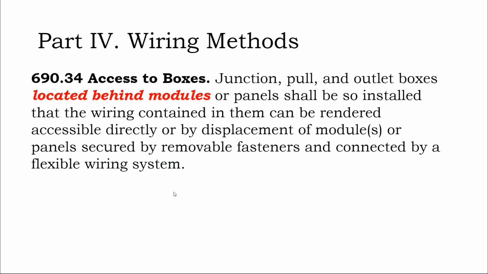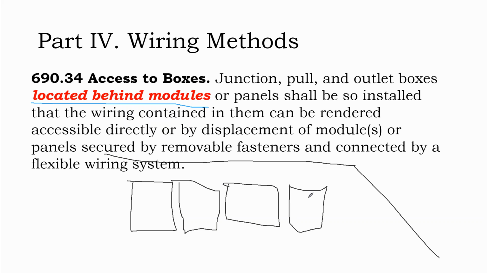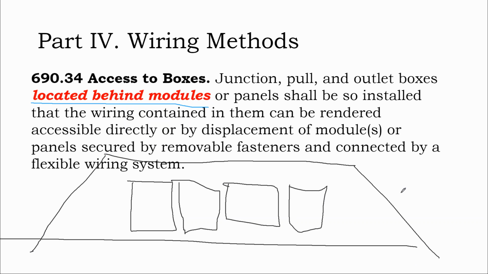Access to boxes. So junction and pull boxes can be located behind the solar panels. What that means is, here you're up on the rooftop, and here's your solar array, and here's your solar array, and you have a nice symmetric, professional-looking roof right there.